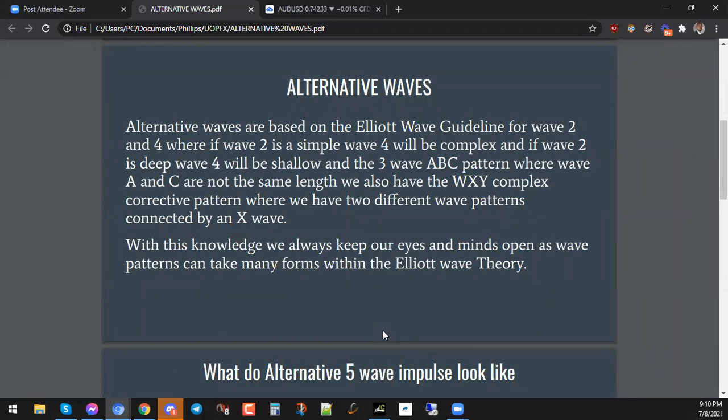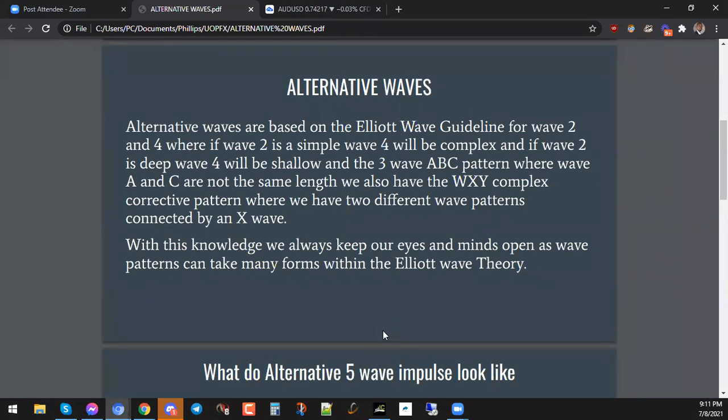All right, so what else do we have here? We also have three wave patterns like the ABC pattern. This is where wave A and C are not the same in length, right? So that is another way of alternating. Generally you would find that you have the AB equals CD pattern.